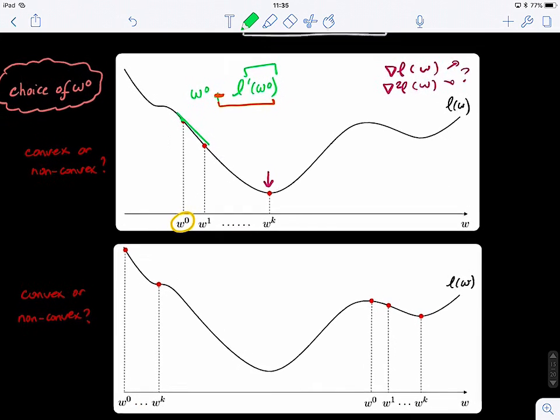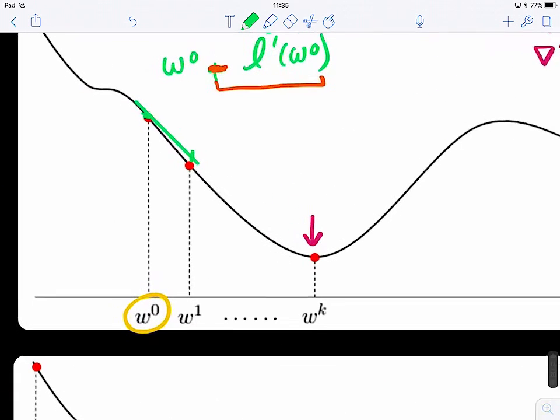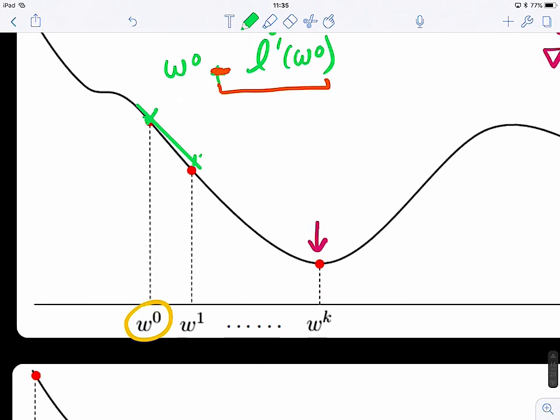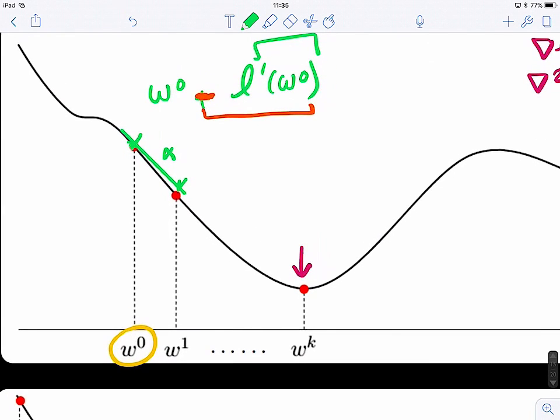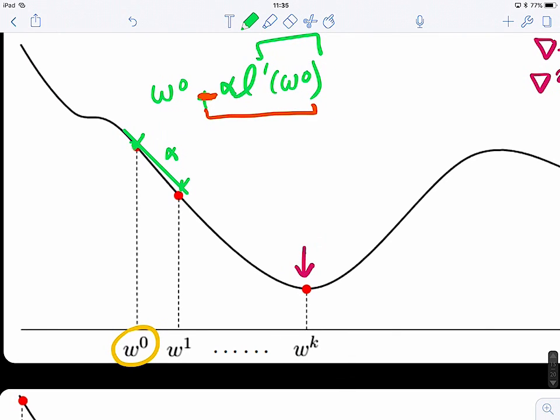Here I move a length from here to there, which is alpha, along the opposite direction of my gradient. And I found myself right here. I project this, and this is my second point.